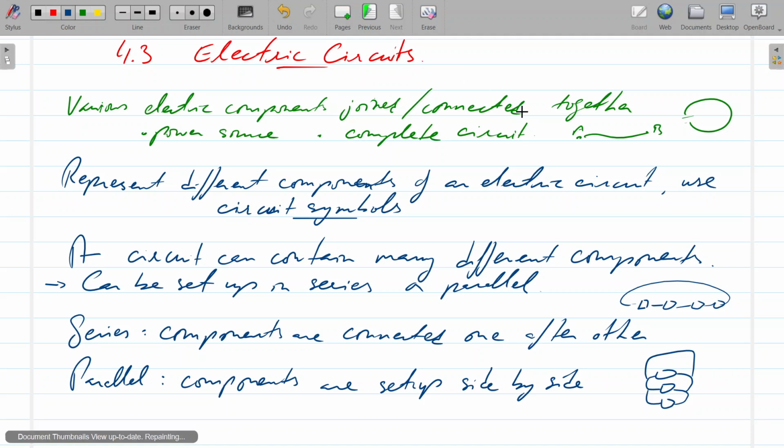Now, whichever way they are set up, what we need to figure out is, if they're set up in series, and so those are terms I'll be using now, right? So just for you to keep in mind. If the circuit is set up in series or if it is set up in parallel, what's the current? What's the voltage or potential difference?